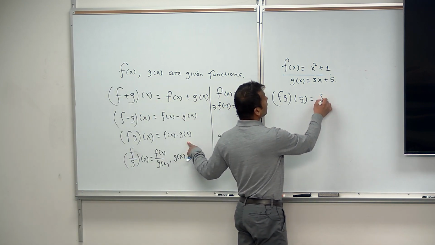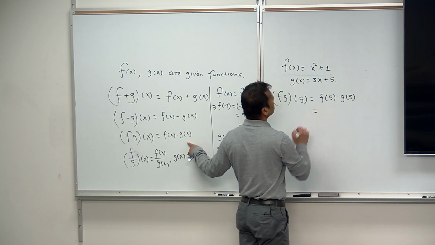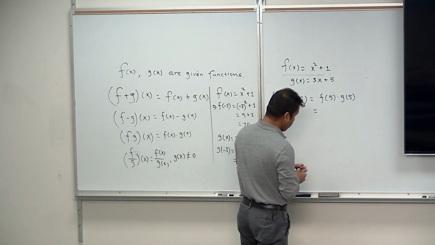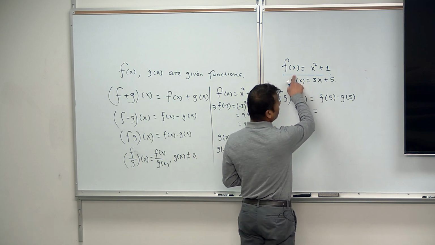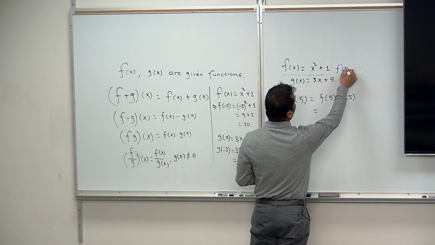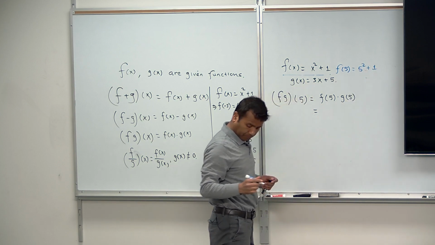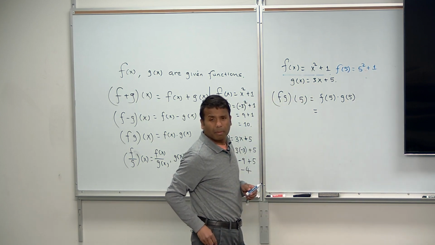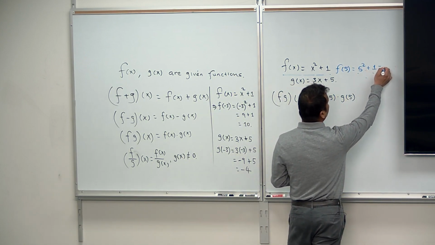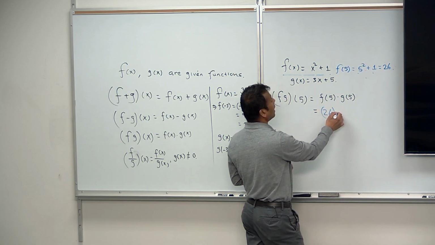So it will be f of 5 times g of 5. So now you need to find out the value of f of 5, okay? Your f(x) is defined as x squared plus 1. So f(5) will be 5 squared plus 1. Is that good? Make sense, guys? So what is 5 squared? 25 plus 1 is 26. So f(5) is 26 times.